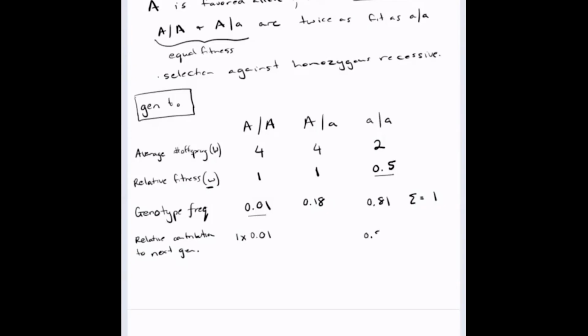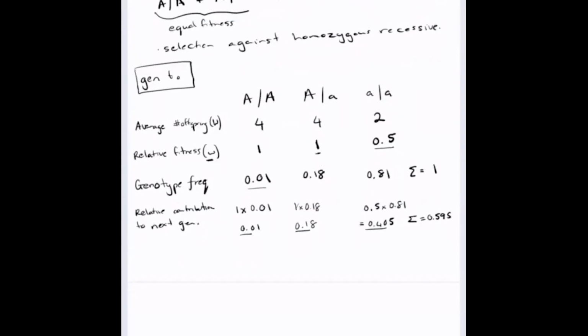So that's 0.5 times 0.81. And these individuals, again, are going to be 1 times 0.18. So we do those calculations: 0.01, 0.18, but this, in this case, is 0.405, half as many offspring from these individuals.